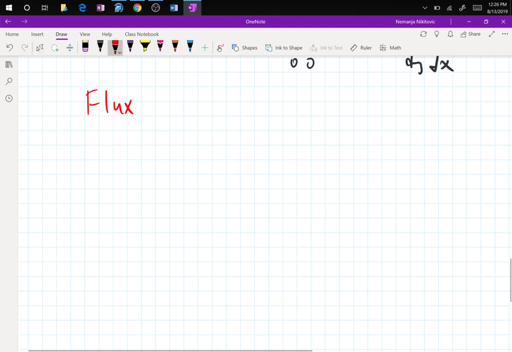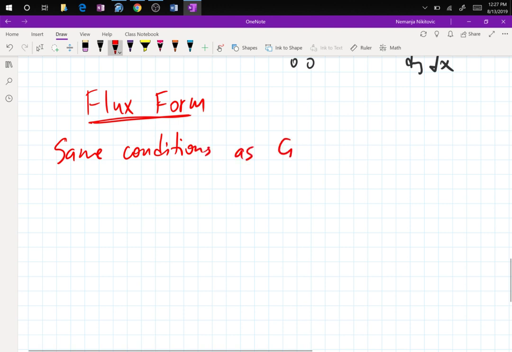So, flux form, and the flux form is going to have the same specifications on the region and the curve. So I'll just say same conditions as circulation.